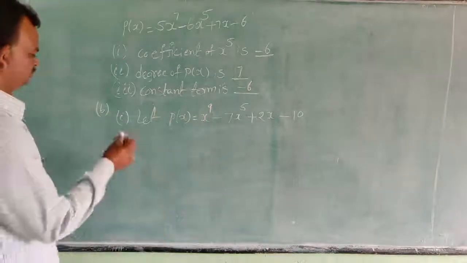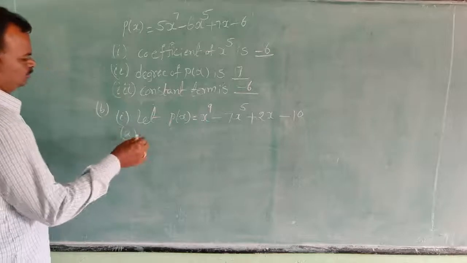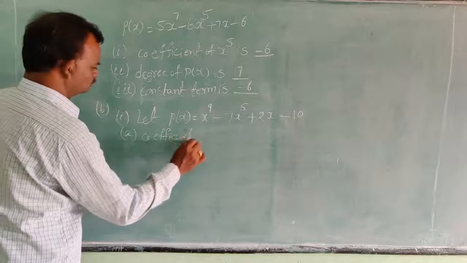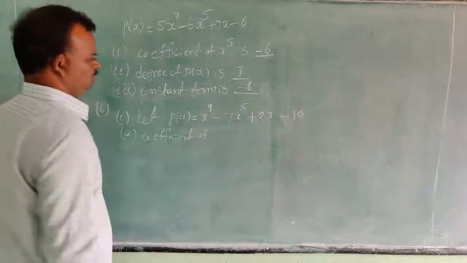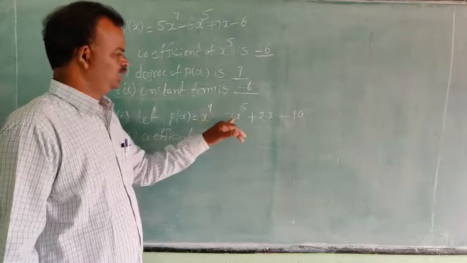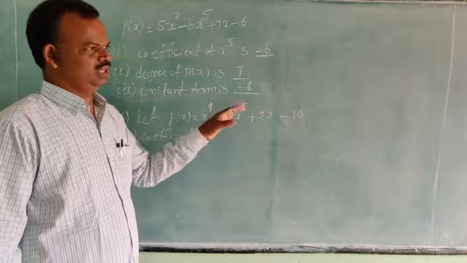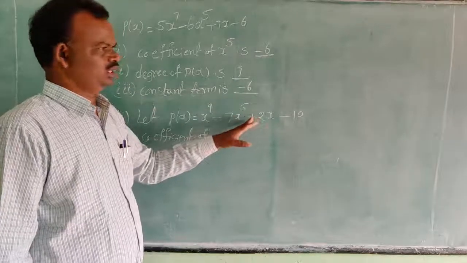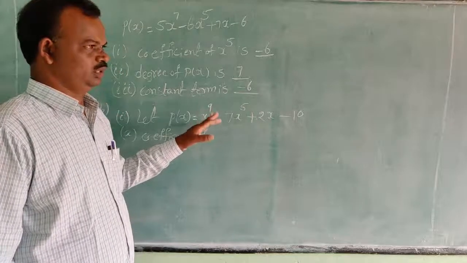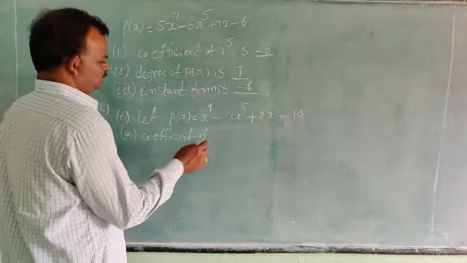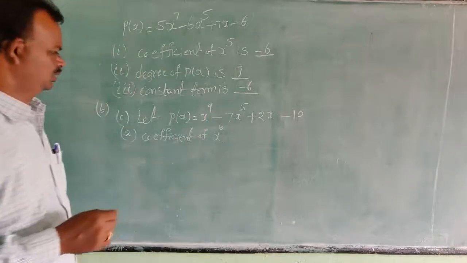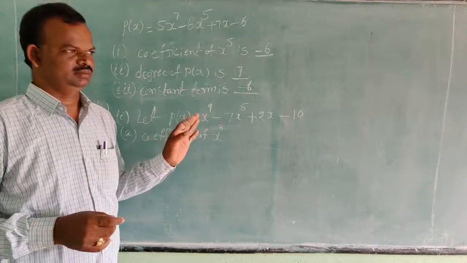The first question is the coefficient of any one of the variable powers, like x^9 or x^5 or x, or another power, like x^2, x^3, x^4, x^6, x^7, x^8. So I want the coefficient of x^8.